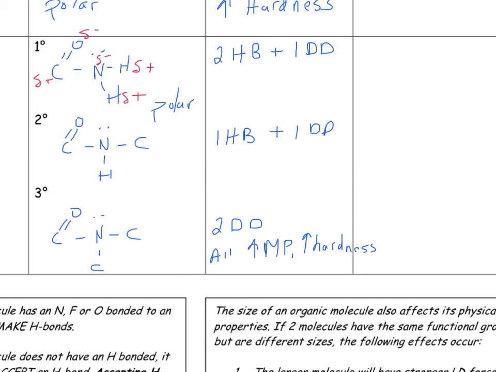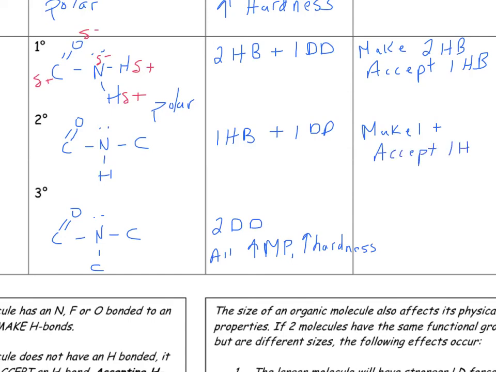Because there are 2 hydrogens attached to the nitrogen, a primary amide can make 2 and accept 1 hydrogen bond from water on the C double bonded O. A secondary amide can make 1 and accept 1, whereas a tertiary amide can accept 2 hydrogen bonds from water. All of these increase the solubility.